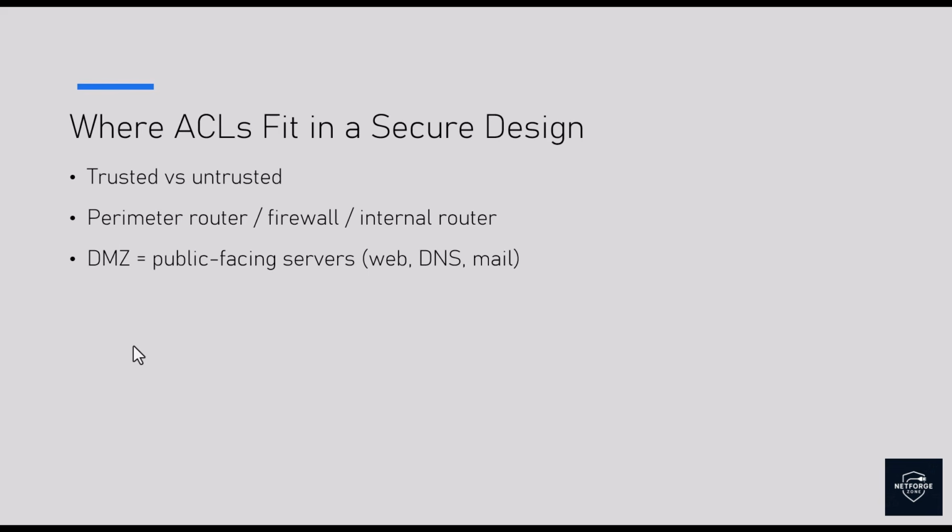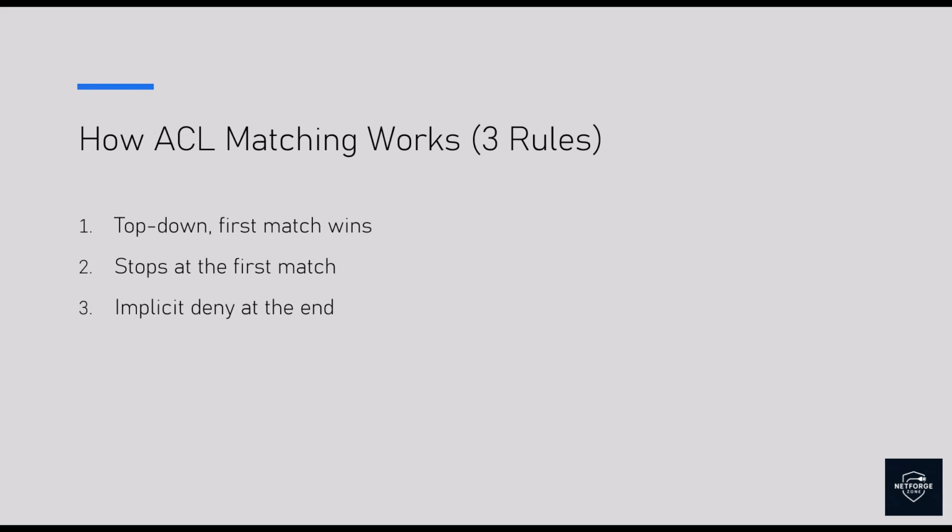These are the places where you can apply these access control lists to make sure that some place can reach some other place. If you want to control every traffic with access control lists, that's going to be kind of impossible. You cannot really apply thousands of access control lists in your network, because the management of that is going to be super hard. This is why we have devices like firewalls inside our network, and most of the things are going to be done in that part of the network.